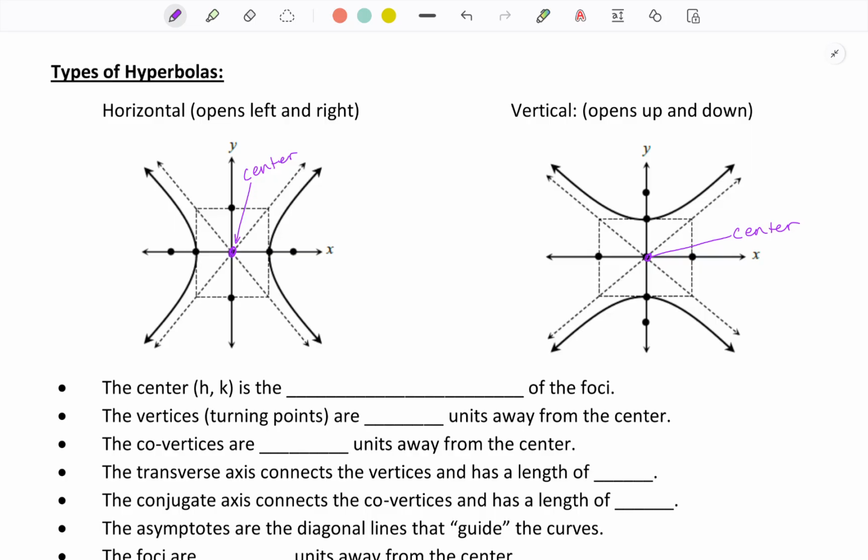And you have two vertices. These will be like the lowest and highest point of each curve, which is what everything will come out from.